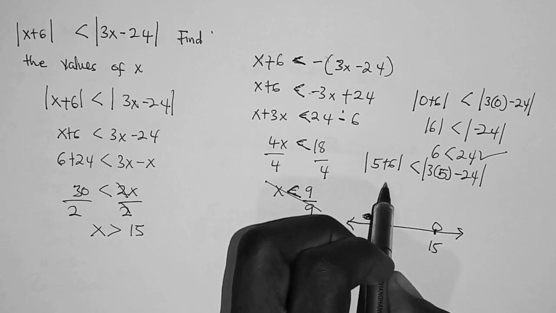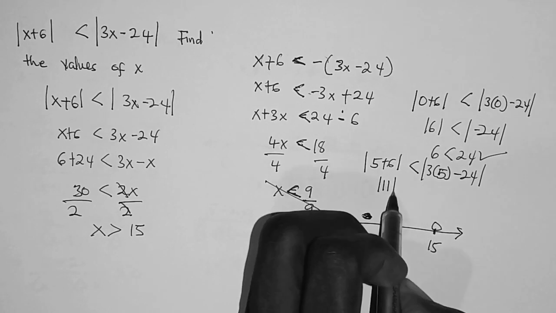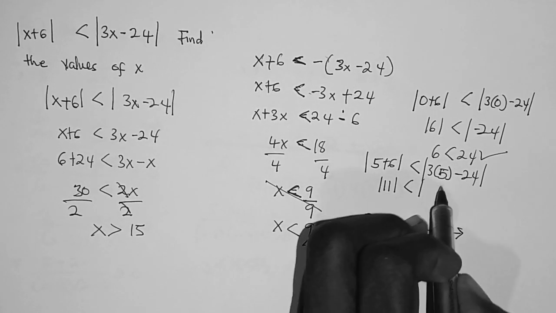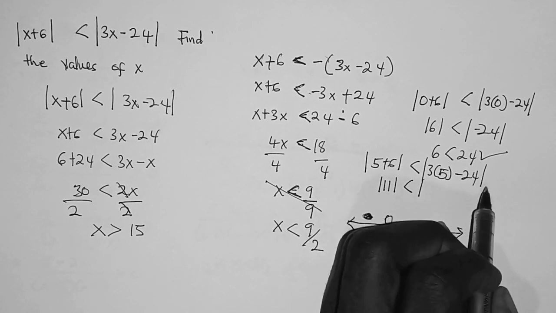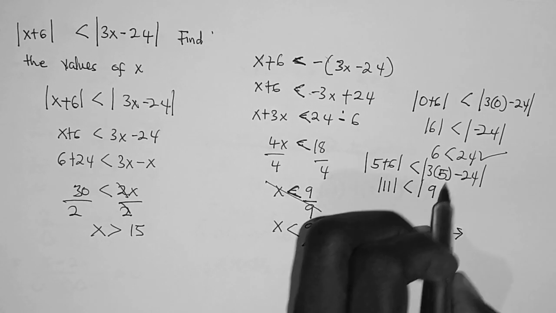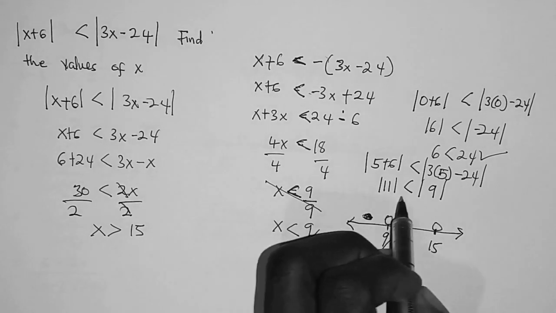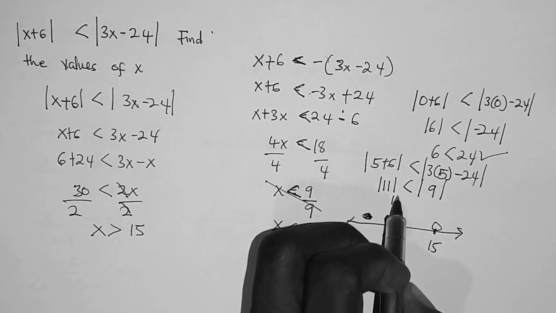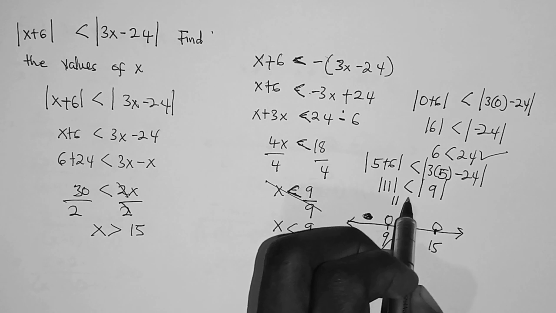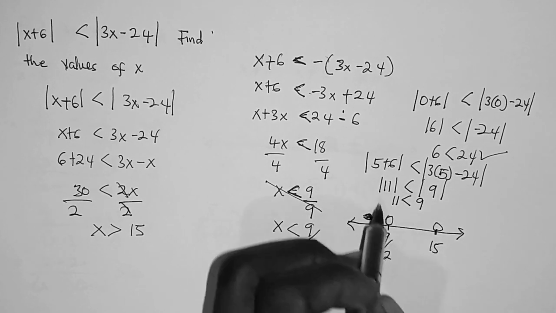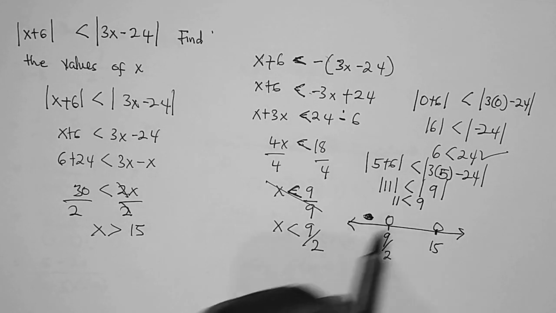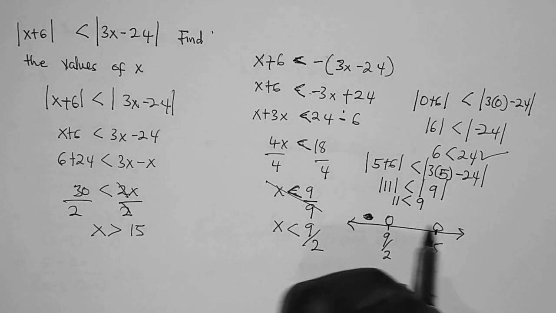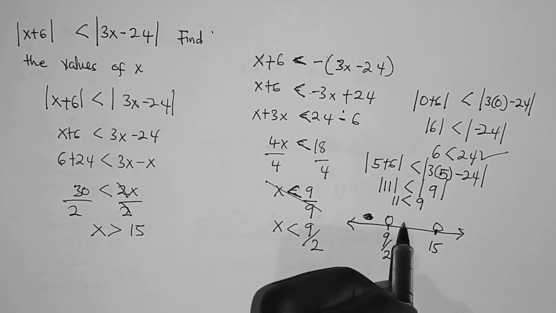Well, 5 plus 6 is 11. Absolute value of 11 less than 3 times 5 is 15. 15 minus 24 is 9. And it is not true because absolute value of 11 is 11 less than absolute value of 9, which is 9. 11 is not less than 9, and therefore this region is not one of the required regions.